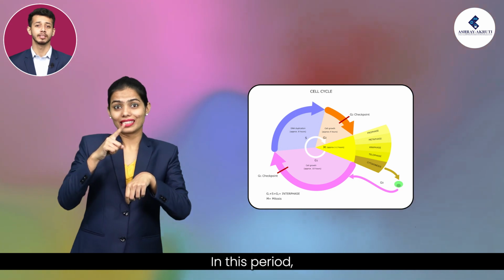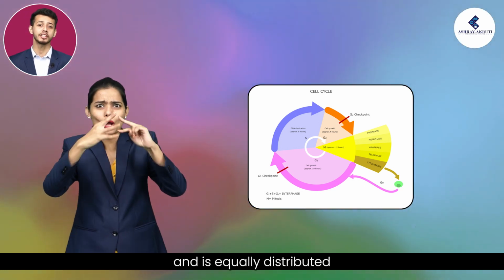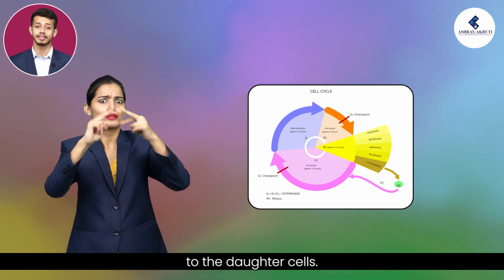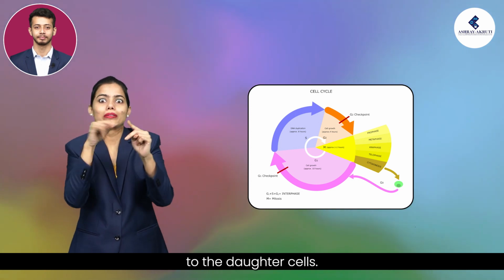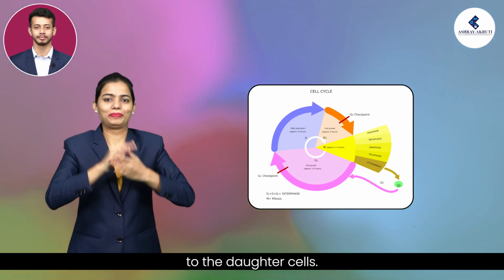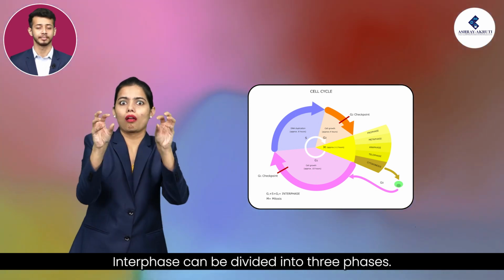In this period, the genetic material makes its copy and is equally distributed to the daughter cells. Interphase can be divided into three phases.